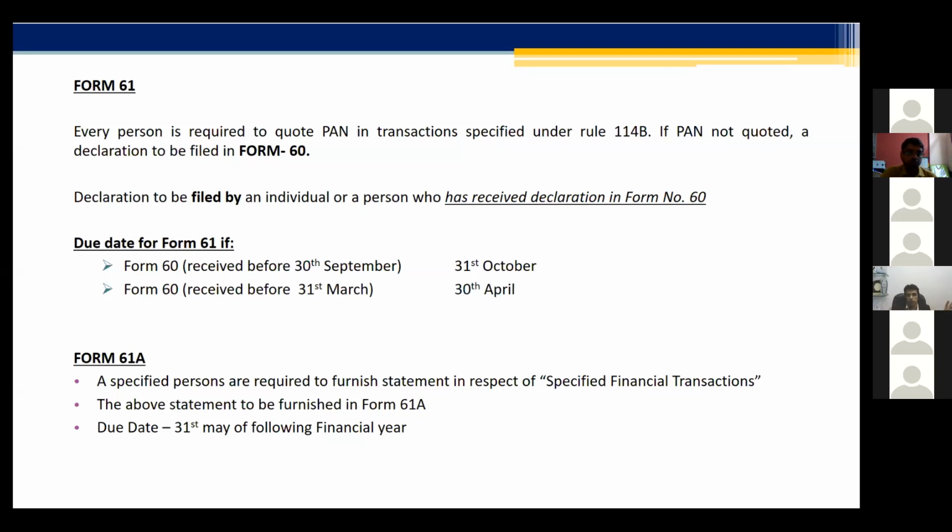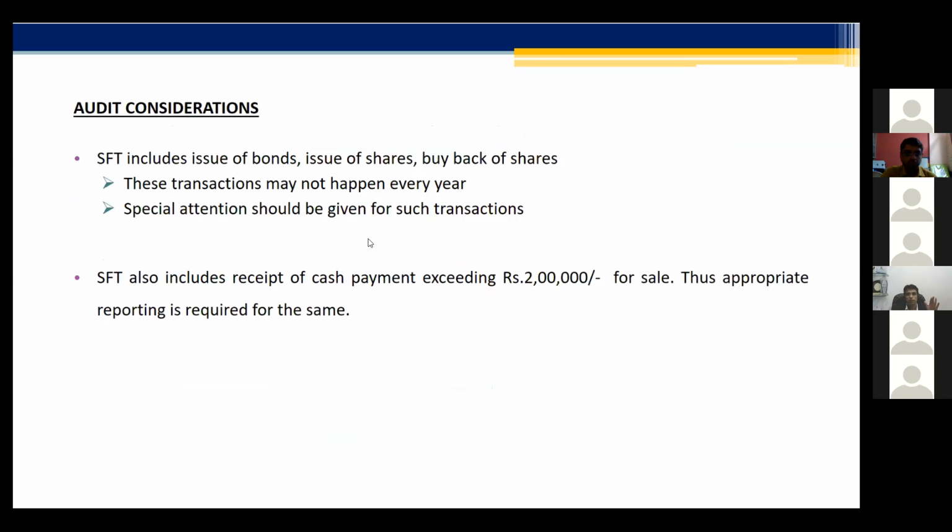Similarly, there are certain specified financial transactions which are required to be reported in Form 61A, for which due dates are prescribed. SFT, for the purpose of this clause, includes issue of bonds, issue of shares, buyback of shares. These transactions may not happen every year, so special attention should be given to such transactions.